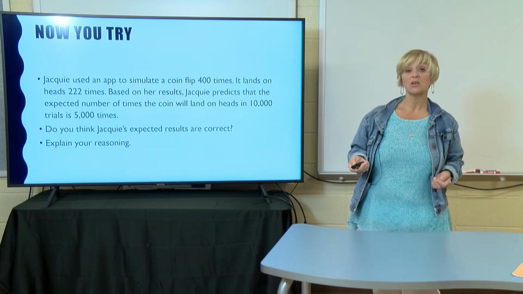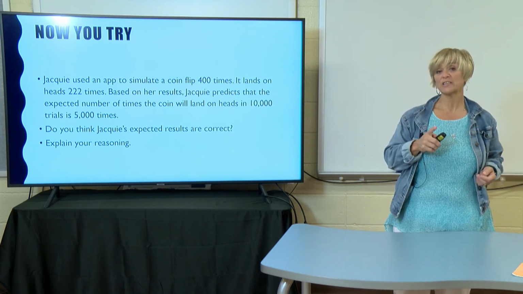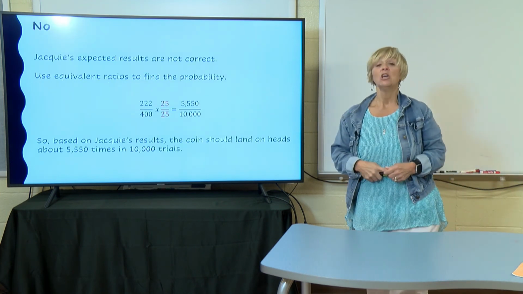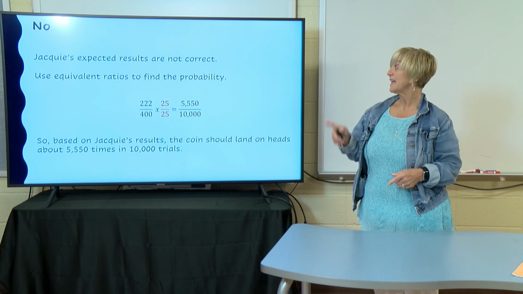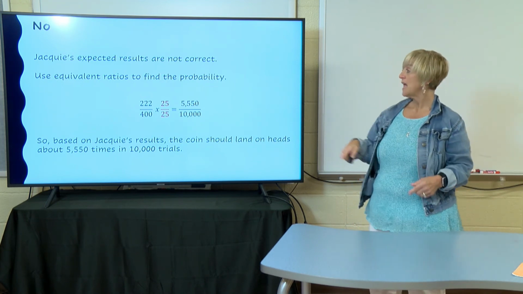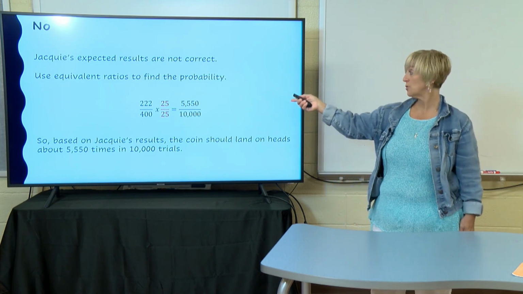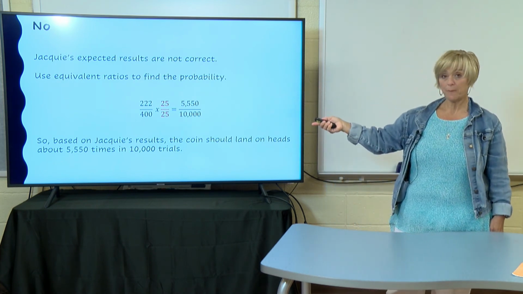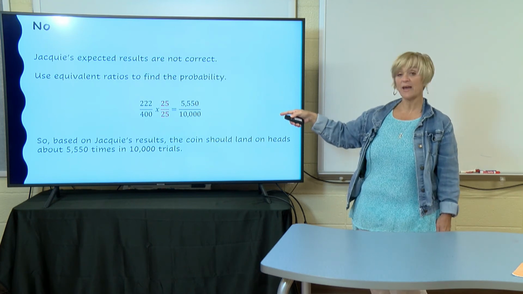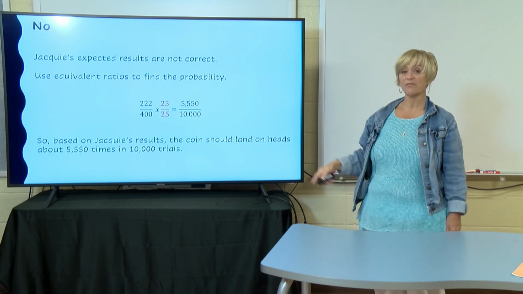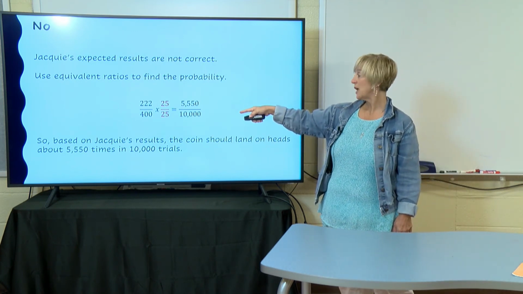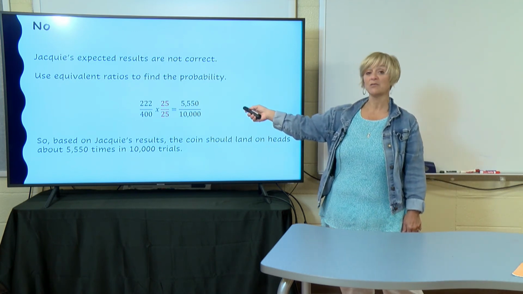Well, let's actually look and see if her answer is correct and if her thinking was correct. No, her expected results are not correct, and let's see why. If we use equivalent ratios to find the probability, we take 222 times 25 and 400 times 25 because we started with 400 flips and we needed to get to 10,000 flips.